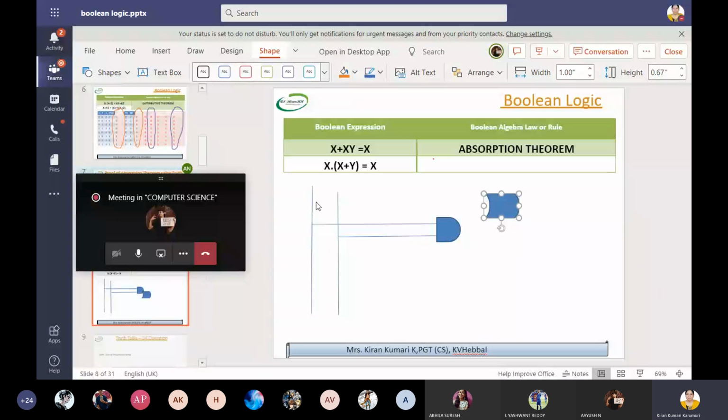From X we need another line. Ma'am, can you label the lines? We'll label now. One has come from X, then we need another one.